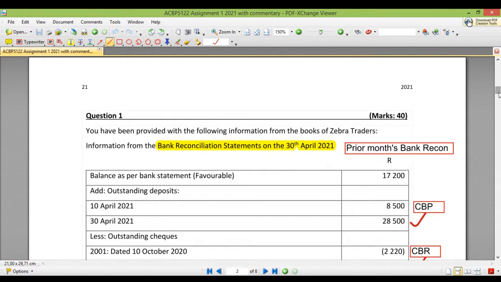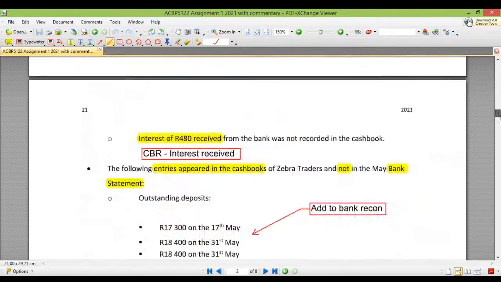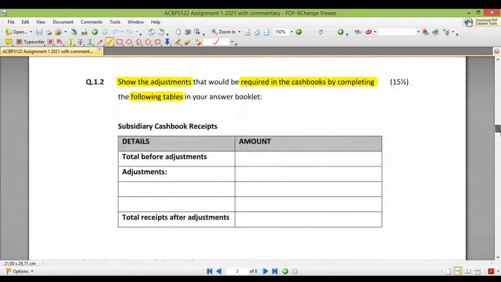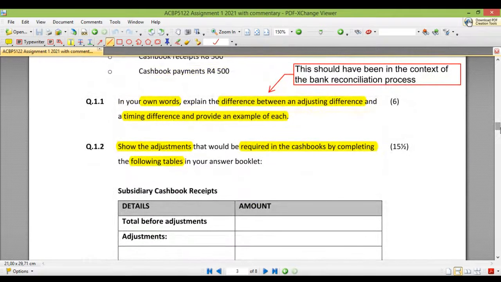Okay, so let's quickly go through question 1 and see what you had to do, and then go through the commentary. So for question 1.1, you had to describe in your own words the difference between an adjusting difference and a timing difference. Now, because the whole question was based on the bank reconciliation and that process, these timing differences and adjusting differences refer to the bank reconciliation process and not to your financial statements.